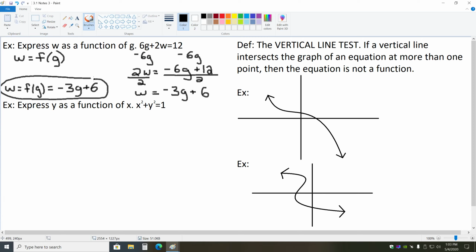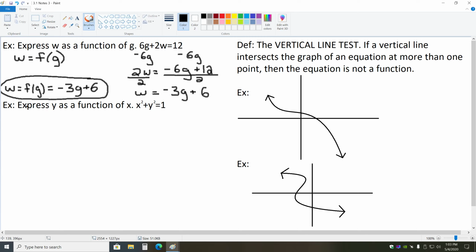And this can be done using any variables. That's why I wanted to use w and g, because they're not typically used in this form. Usually it's just x and y. Sometimes you'll introduce other variables like a and b, but this shows you can use any variables you want and function notation will still work. W is a function of g.